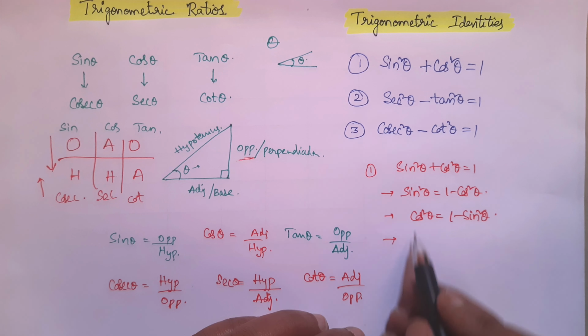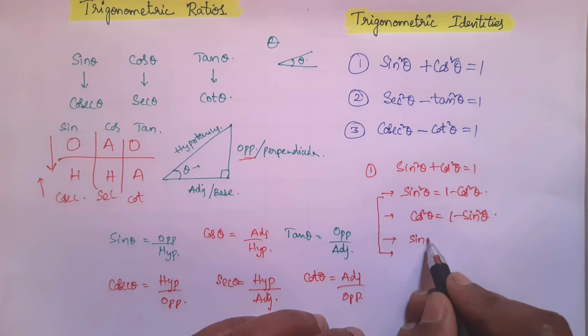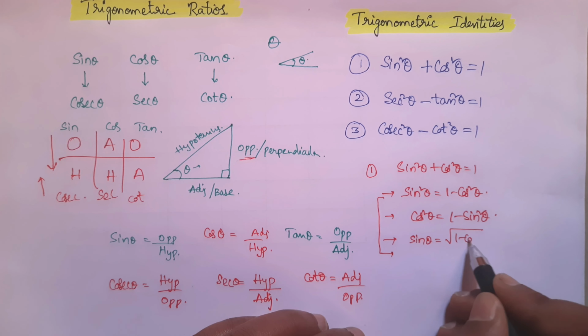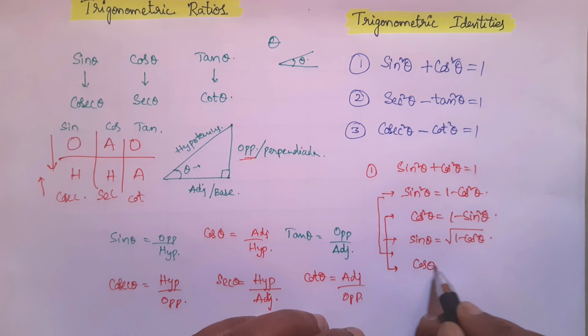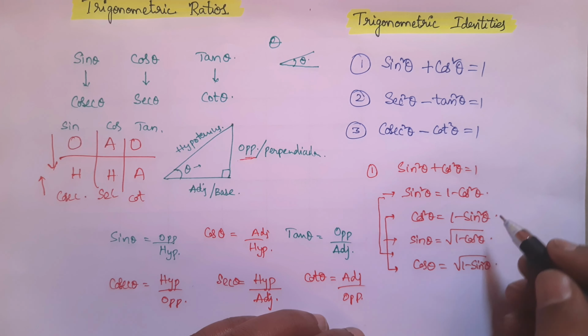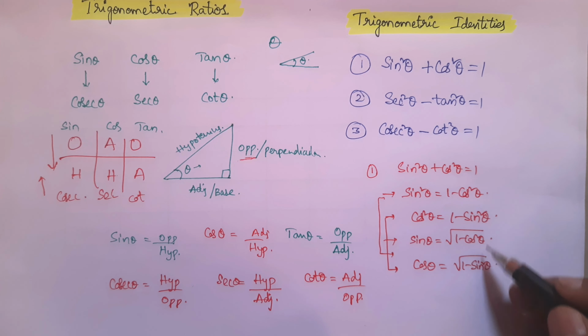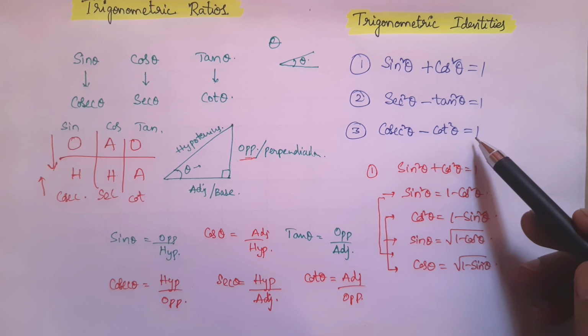From this only. Now from this we can write sine theta is equal to square root of 1 minus cos square theta. Again we can write cos theta is equal to square root of 1 minus sine square theta. Okay, like this from one formula we can find a minimum of 4 formulas. Similarly from this we can find 4, and again from this we can also find 4.